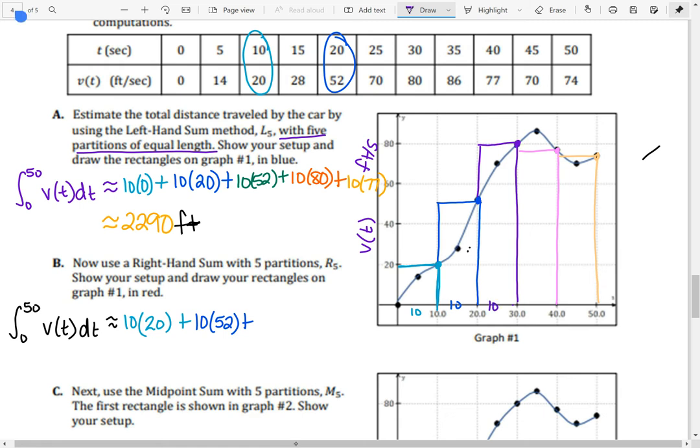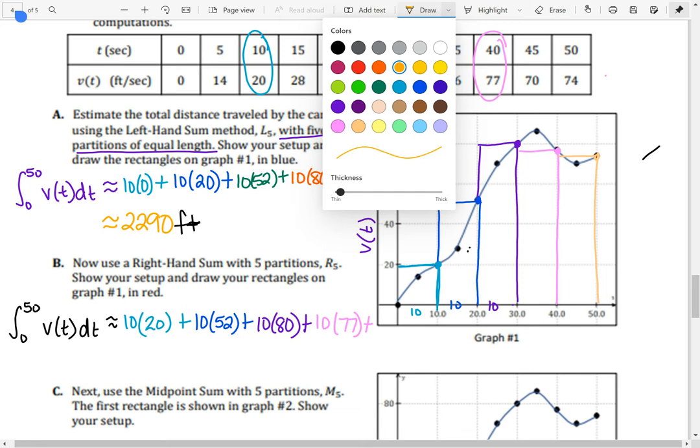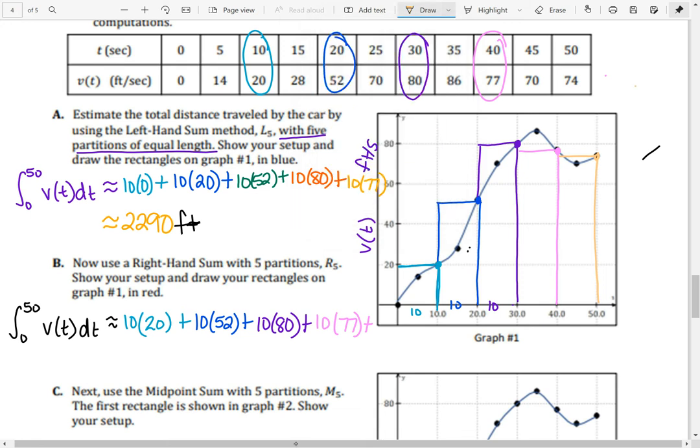The height is where t is 30, so the height is 80. So 10 times 80. The fourth rectangle, width is still 10. Height I get from when t is 40, so 77. Plus this last one, width is still 10, but height is now when t is 50, height will be 74.